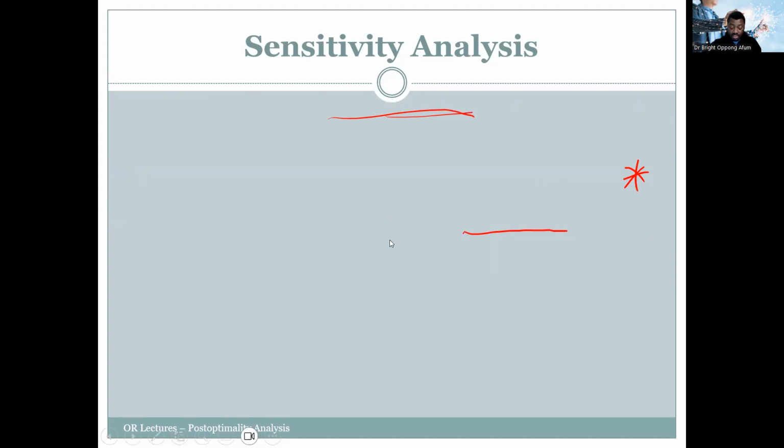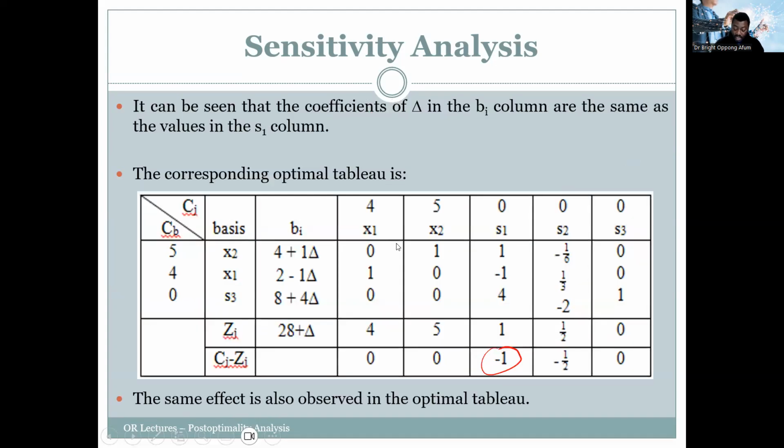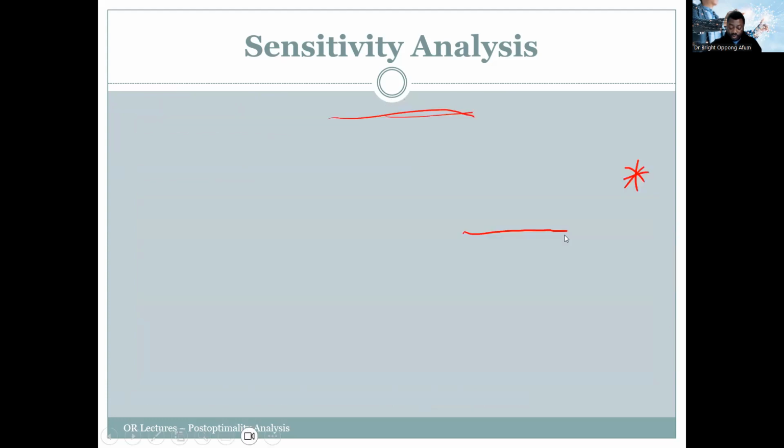So let's look at the column coefficient of the slack variable. We have S1 here, and we have S2, and we also have S3, which is in solution.